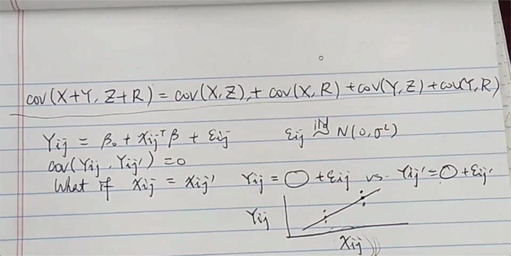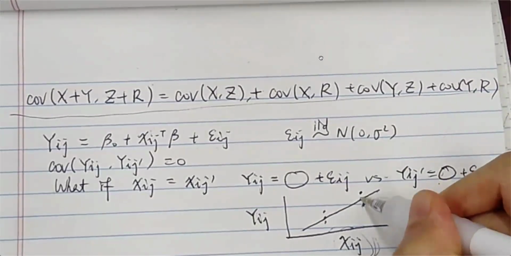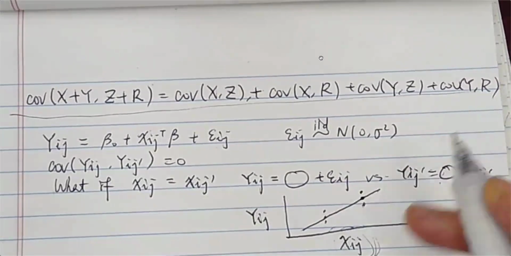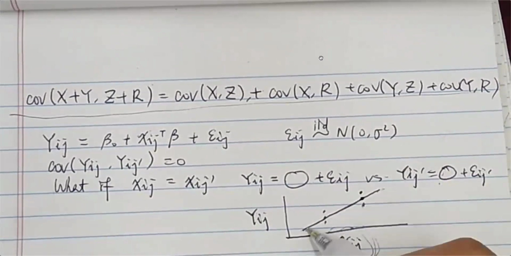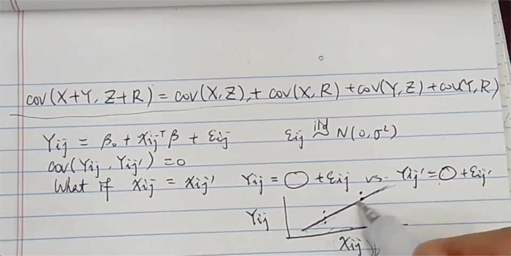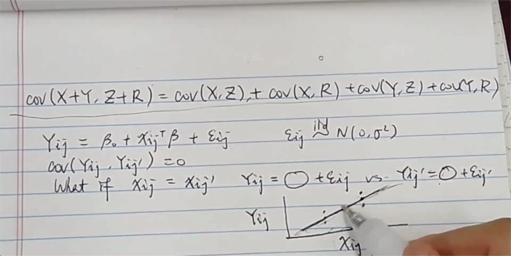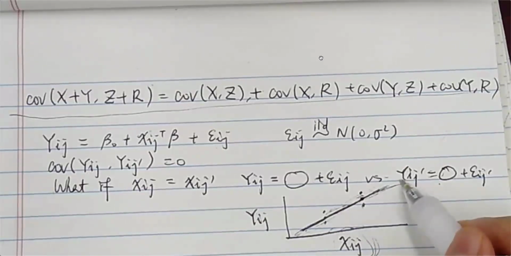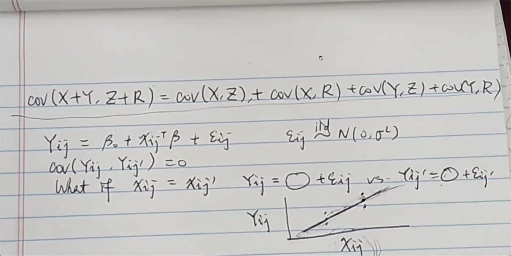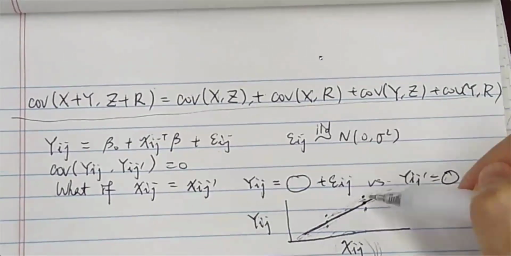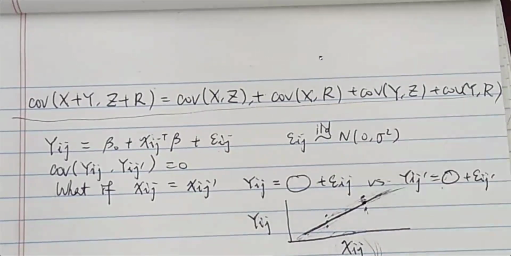So one value could be above, one other value could be below, but they are both around this value. So in other words, this line shows that when the responses share similar Xij, their response values should be similar. But this is accounted for by the mean relationship, or the line we call the mean function, not by randomness. Randomness is just the errors vertically around the line, and we assume them to be independent. So it's just one perspective.